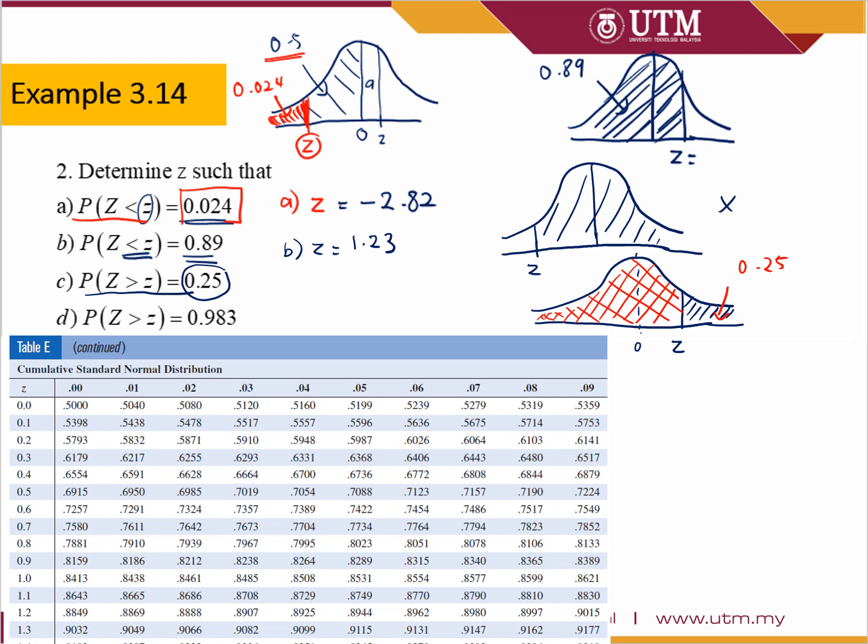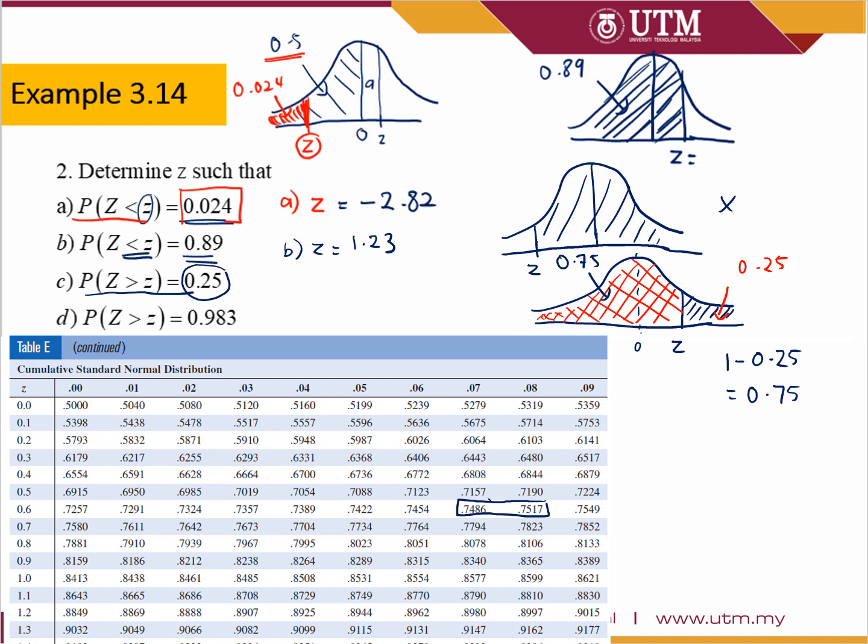So to know the value of z, we just have to find 1 minus 0.25, which is 0.75. So this is the area, this is 0.75. So just go through the 0.75, where you will get between these two values.